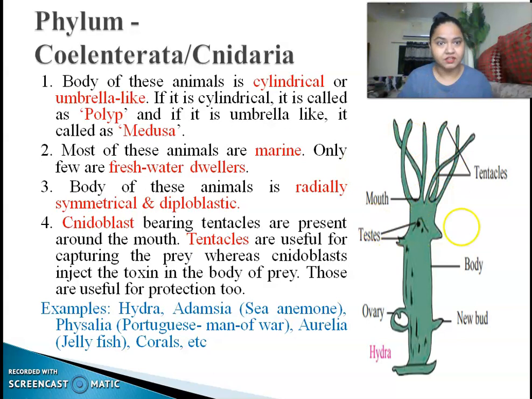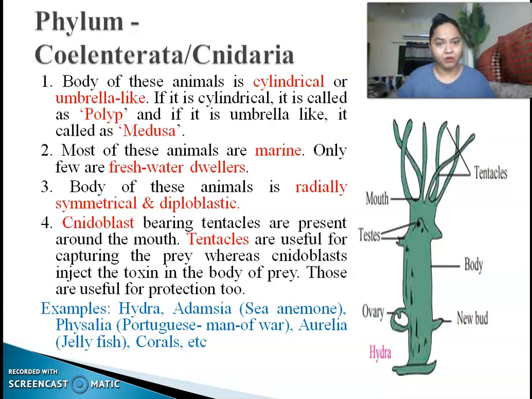Now imagine this. These are the tentacles. They will hold the prey. Suppose this is Hydra, my hand is Hydra. So these will hold the prey while these are the cnidoblasts near the mouth. These will inject the toxins which will kill the prey.